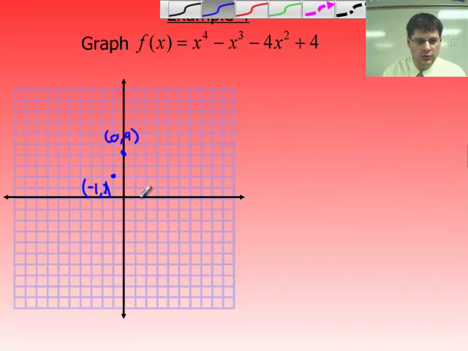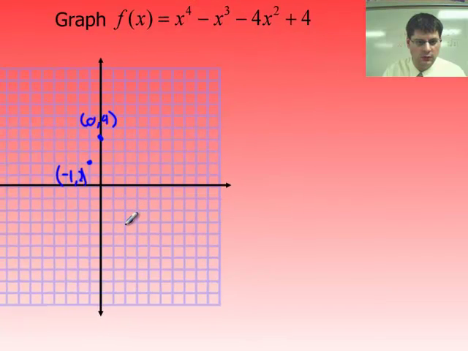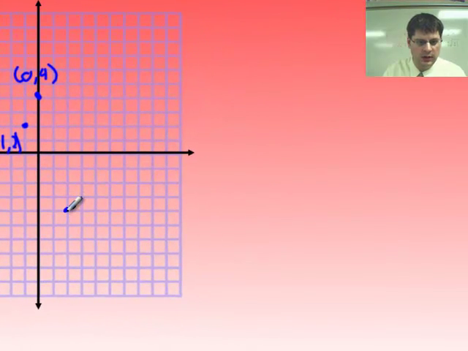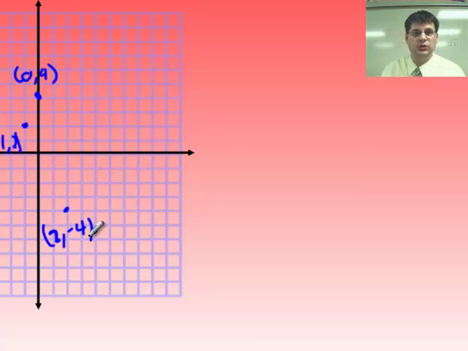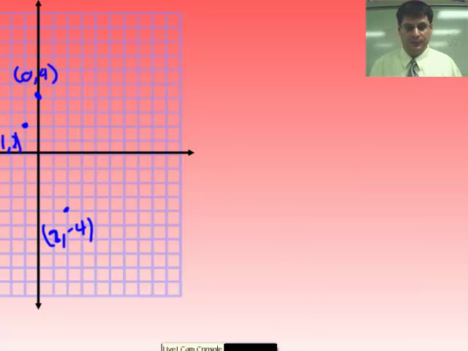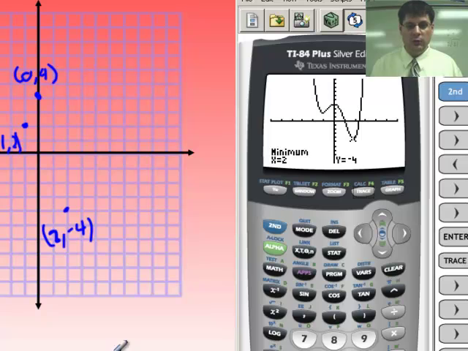So right here, and I'll label that 2, -4. So be sure you label all your local minimums and local maximums. I will be looking for that.